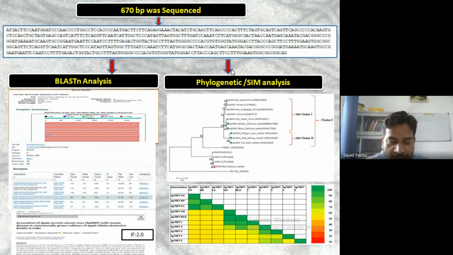After sequencing, we went for the BLAST analysis. And after BLAST analysis, you can see what we observed, that it is the apple necrotic mosaic virus. So this is a virus which we have identified using the PCR-based technique. And we are now using this PCR-based technique for detecting the apple necrotic mosaic virus, apple mosaic virus, or other viruses which are infecting our apple crop.